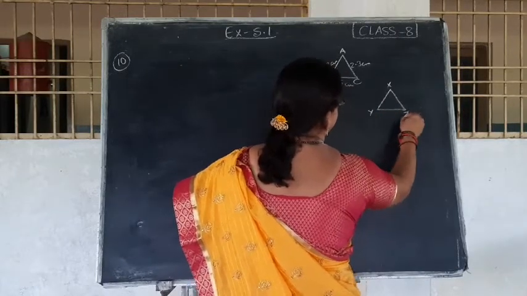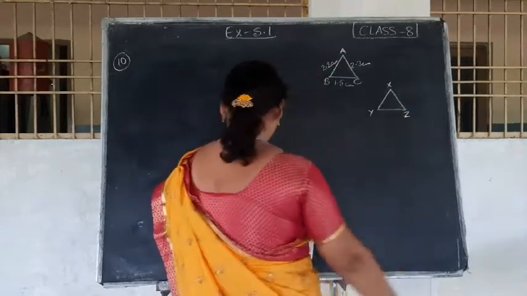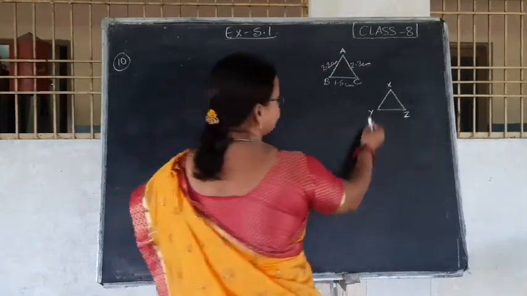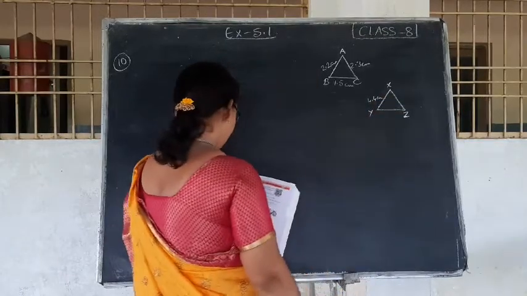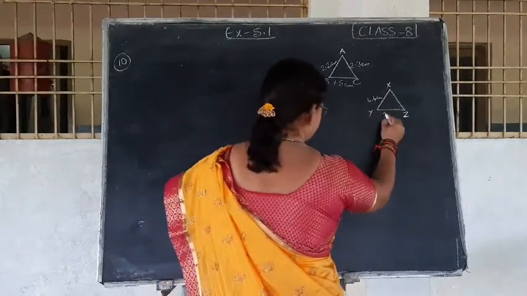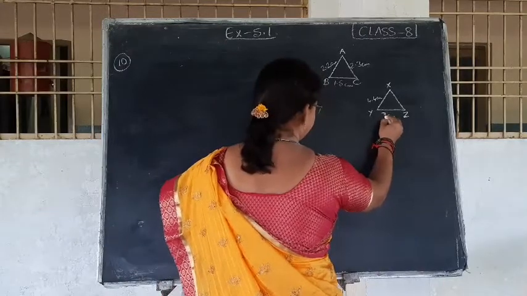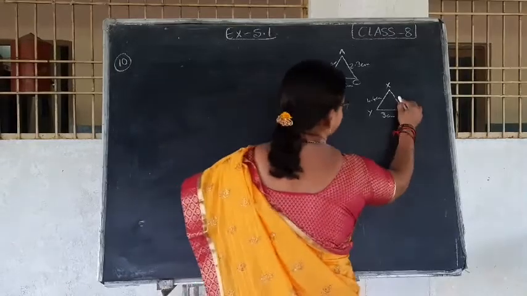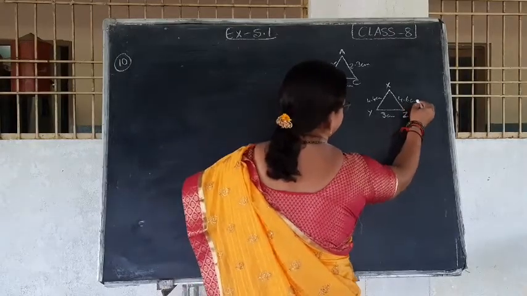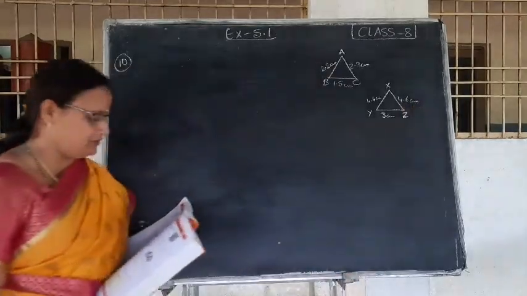In a triangle XYZ, XY is 4.4 centimeters and YZ is 3 centimeters and XZ is 4.6 centimeters.